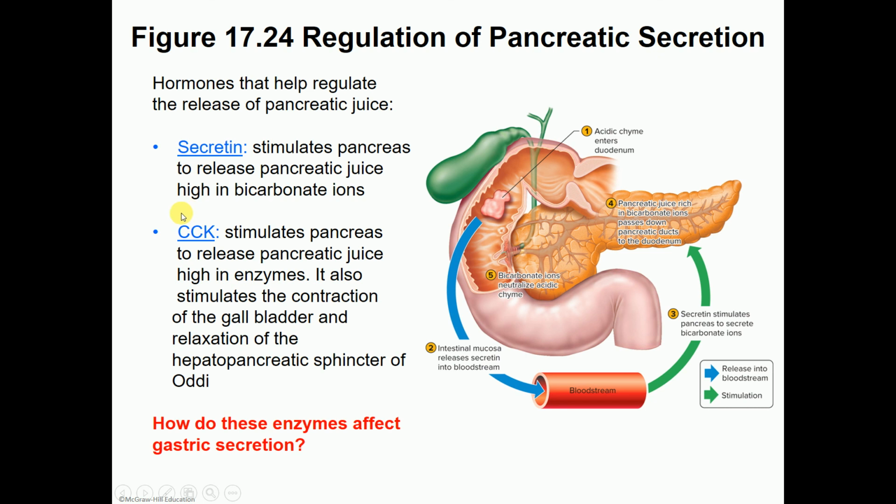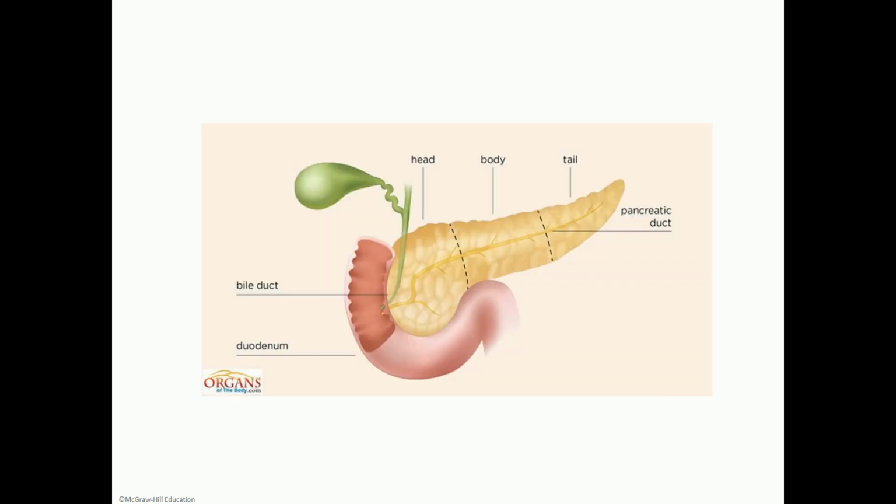Another hormone that is made by the small intestine is CCK, or cholecystokinin, that is going to stimulate the pancreas to release the pancreatic juice, especially the digestive enzymes. That CCK hormone also stimulates the gallbladder to contract, pushing the bile down and leading to the relaxation of the hepatopancreatic sphincter of Oddi. And that is it for the pancreas.